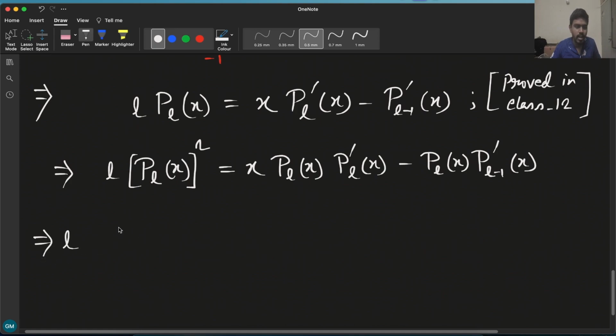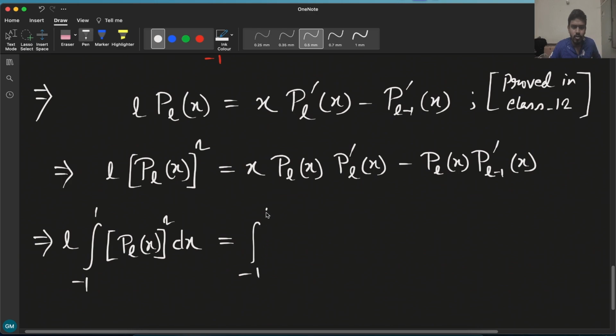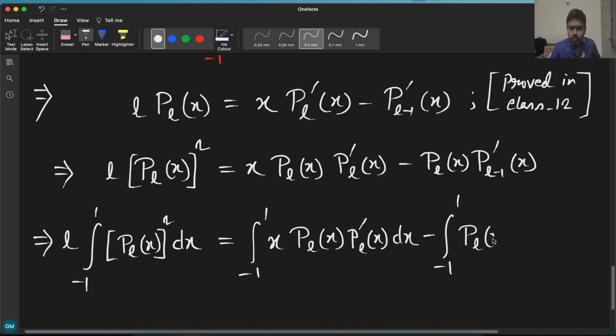So l, I can put it outside because it's a constant, integral from -1 to 1 of P_l(x) squared dx equals integral from -1 to 1 of x P_l(x) P_l'(x) dx minus integral from -1 to 1 of P_l(x) P'_{l-1}(x) dx.